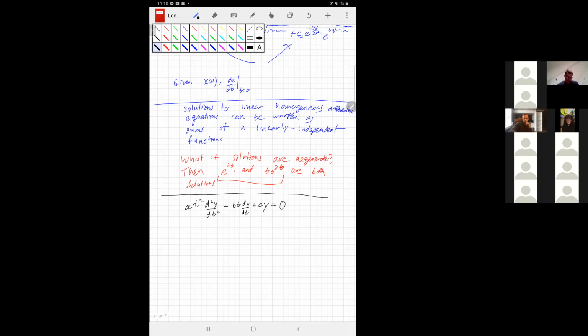This equation is called the Euler equation. And it turns out that we can just guess a solution.